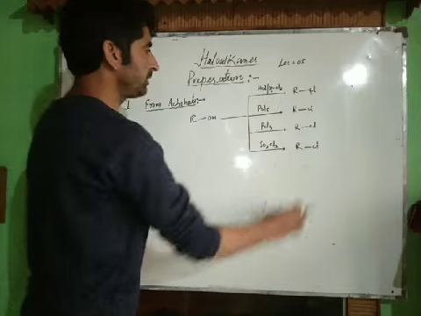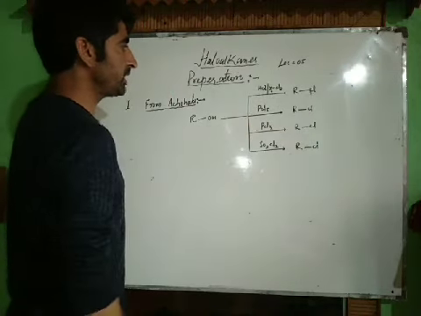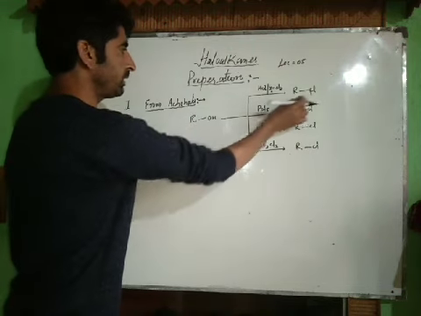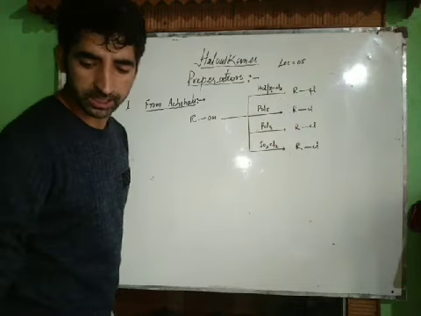In all the cases we get haloalkanes. This reagent is called Lucas reagent. It's a very important reagent. Let us first discuss the formation of haloalkanes from alcohols with Lucas reagent.